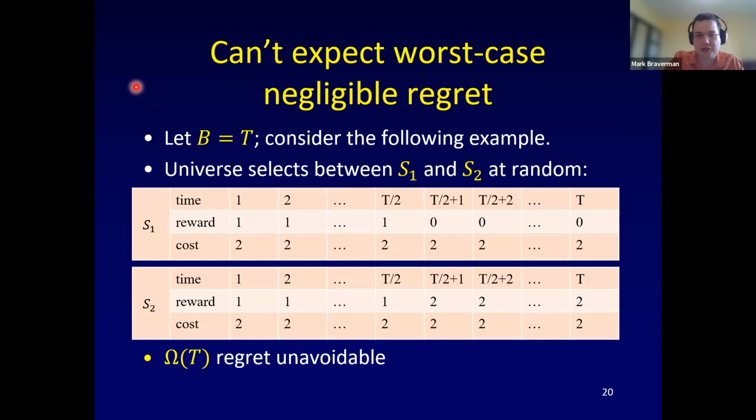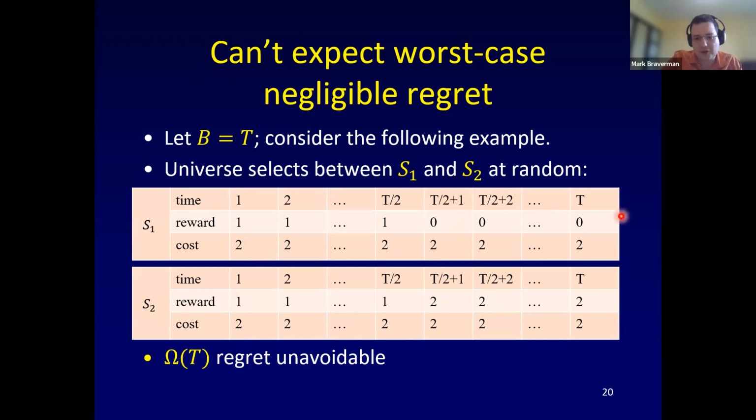So worst case, negligible regret, unfortunately, is unattainable in this model. There is a simple example. In the standard bandits, you can always attain negligible worst case regret. But here, there are t rounds, the budget is t, and the universe selects at random between two possible universes. In both of them, for the first t over 2 rounds, you get reward 1 at the cost of 2.